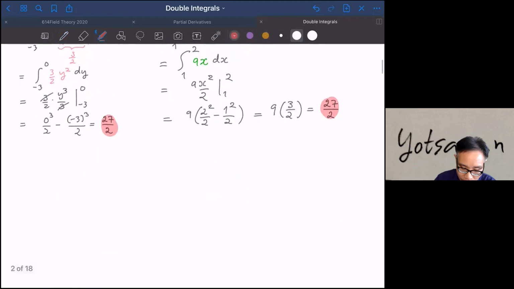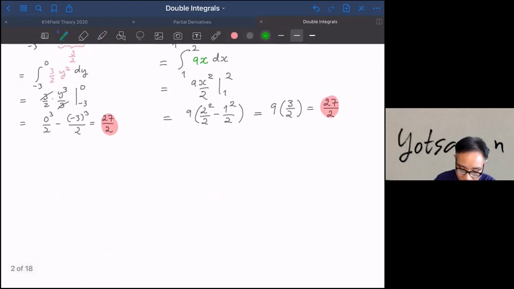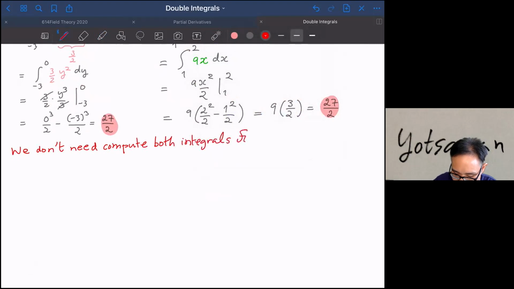So let me remark a little bit here that we do not need to compute both of them for value.